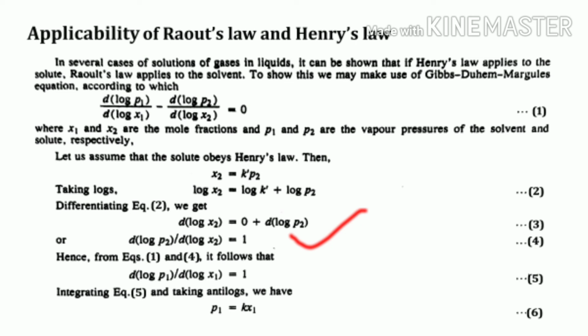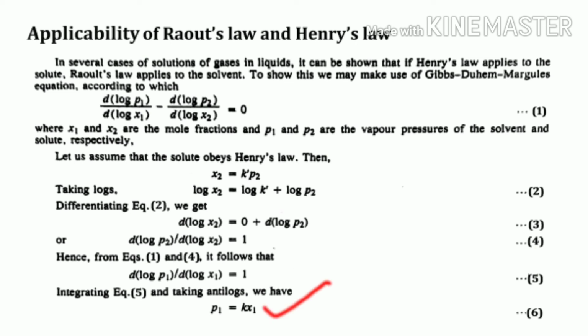Give it equation number 3. This implies we can write d log P2 divided by d log x2 is equal to 1. Give it equation number 4. So hence from equations 1 and 4, it follows that d log P1 divided by d log x1 is equal to 1. Give it equation number 5.